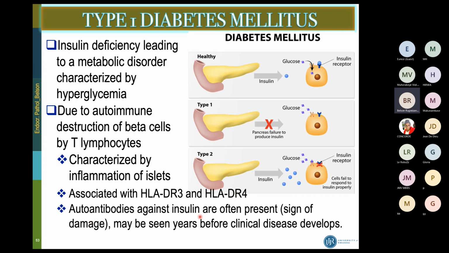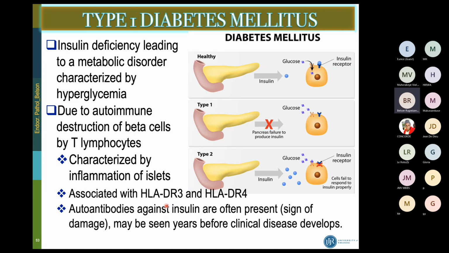Autoantibodies against insulin are often present. So this is a sign of the damage that may be seen years before a clinical disease. Icyo bivuga ahangaha nuko ushobora gupima umuntu mbere ataragira clinical signs ukamenya ko yazagira type 1 diabetes mellitus.